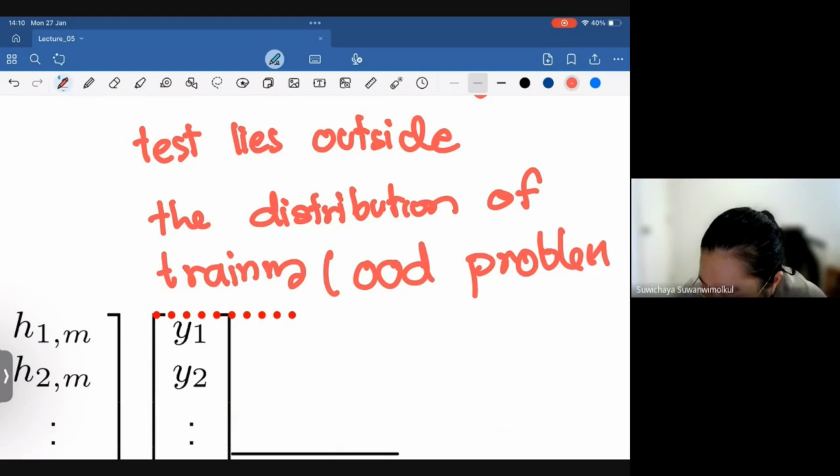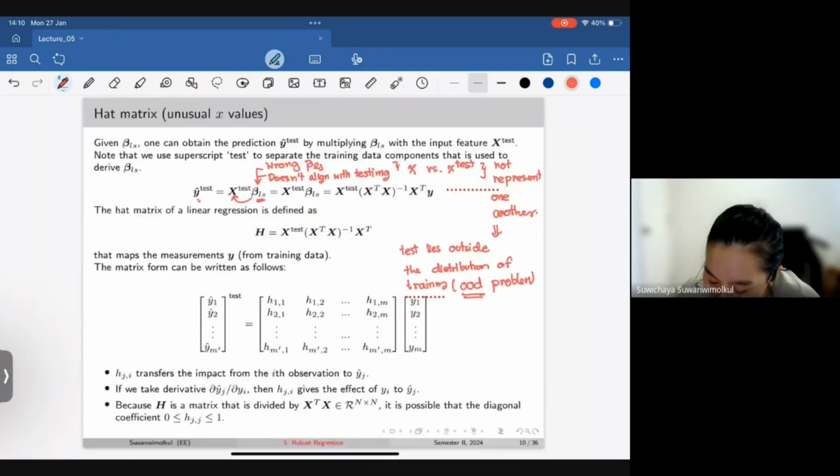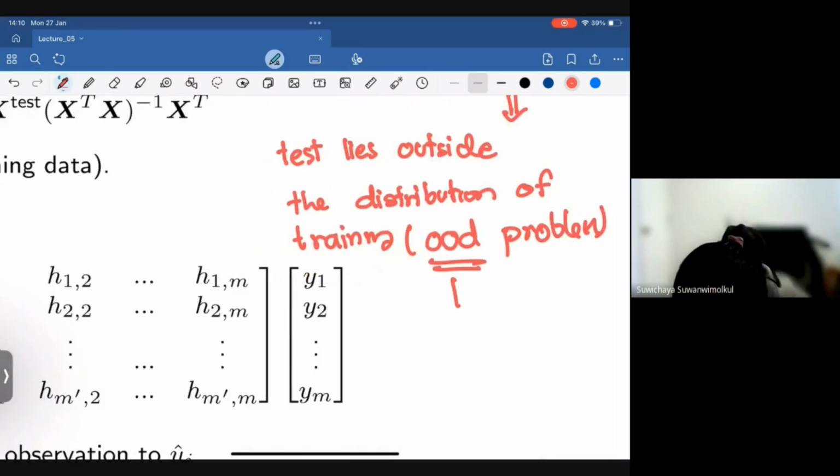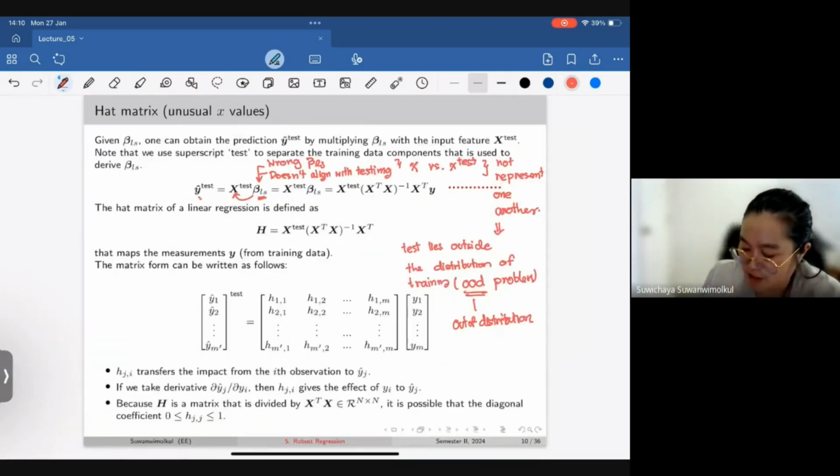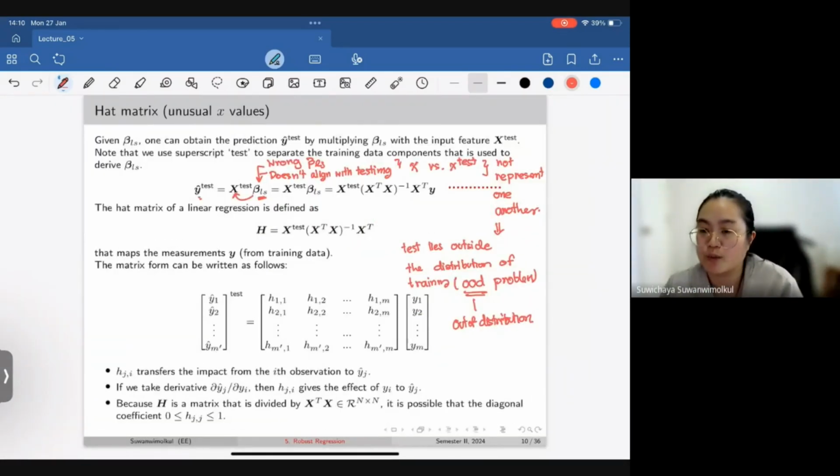This is more of a term that people use in computer science. That's what we call it when X test and X train are not really aligned. Then it will give you a bad beta.